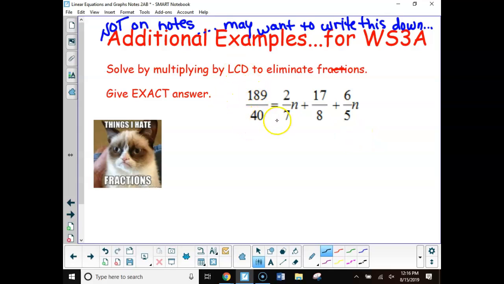The common denominator here, any ideas? I kind of got excited about 40 because 8 and 5 went in there, right? But 7 doesn't. So I think the easiest thing to do, yes, because 8 and 5 already go into 40, let's just multiply that by 7. We'll get 280. And we're going to use that for a common denominator.